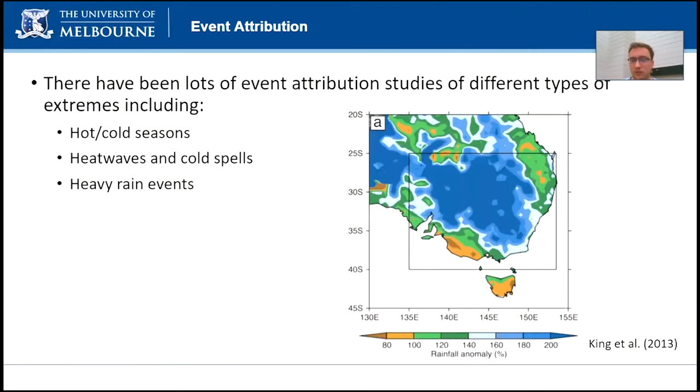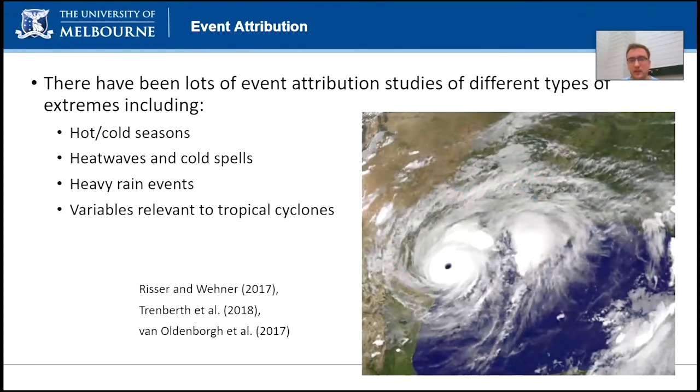And for rain events, the signal, the trend, is smaller relative to the variability or noise. So it's harder to identify the change as clearly. And there have been lots of other different studies on droughts as well, blocking high pressure patterns as well.